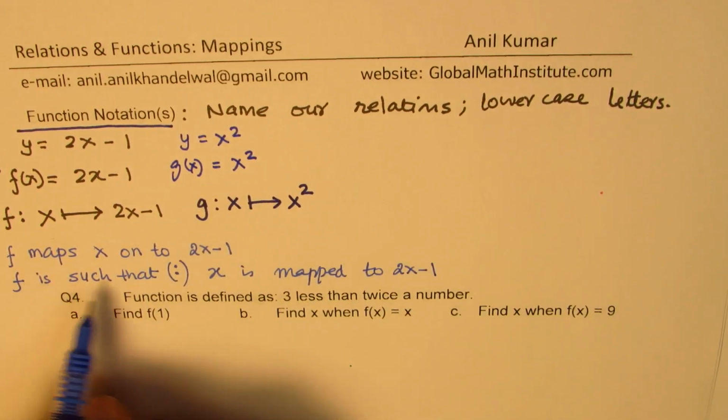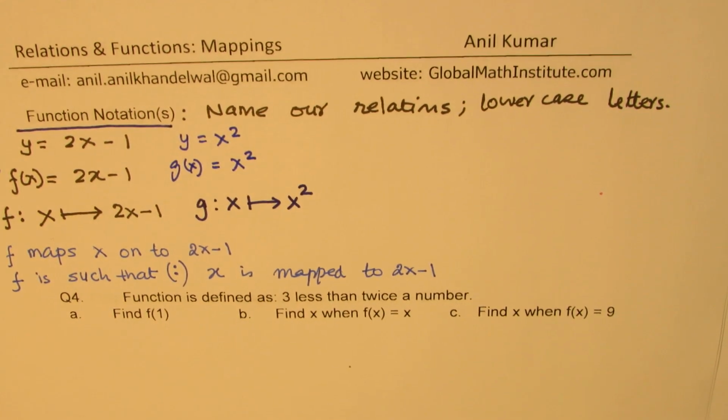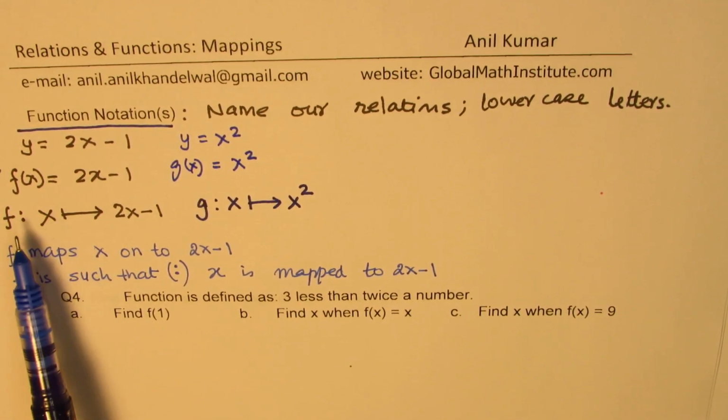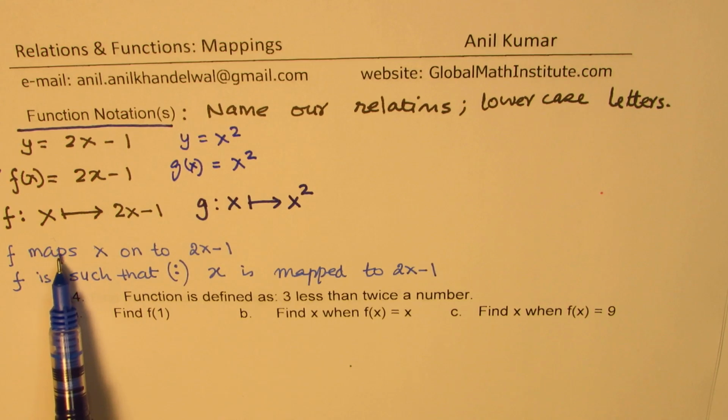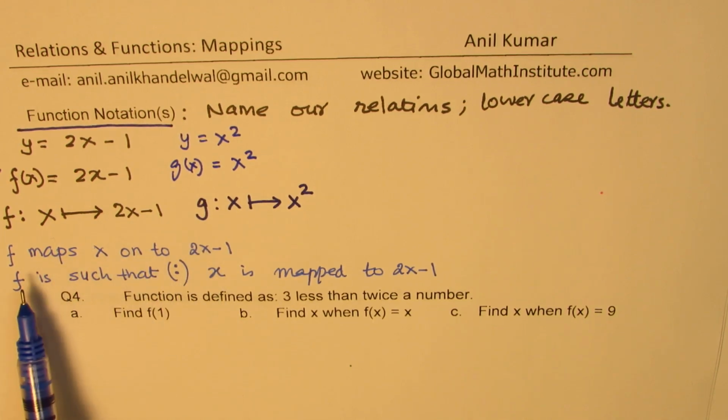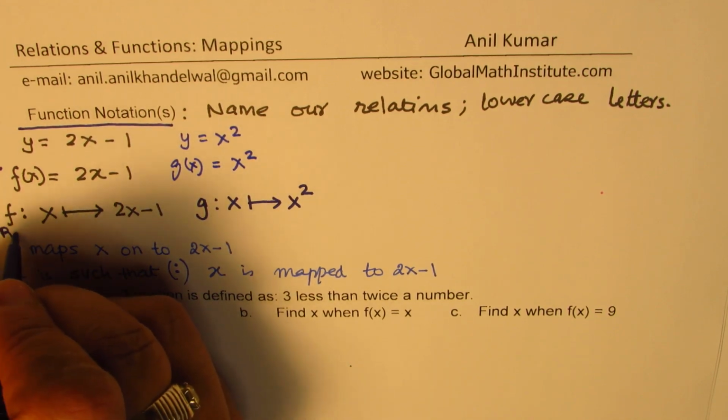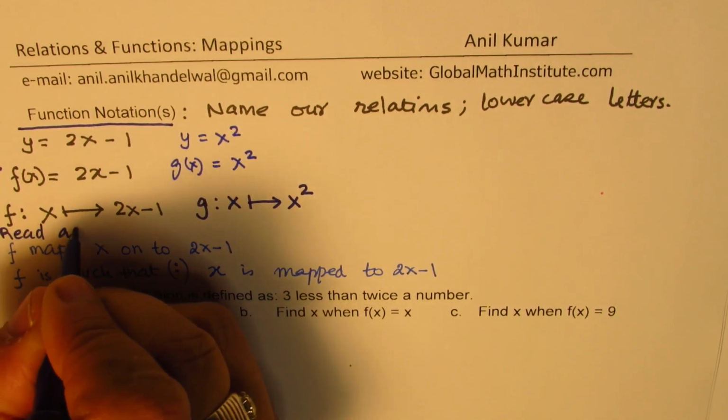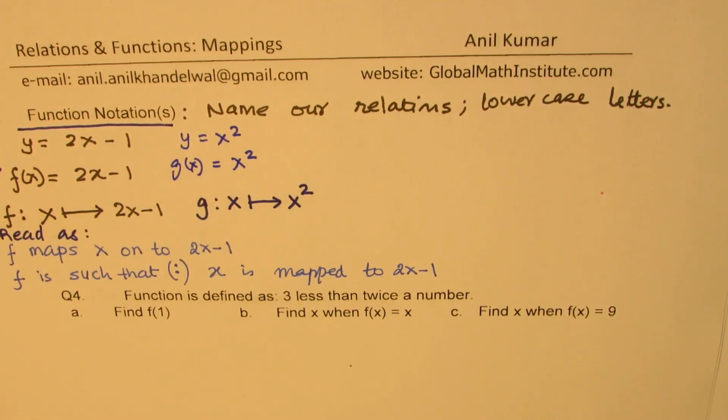So you could also describe it in this fashion. That is a short form of writing, a short form of reading, and of describing. Do you understand? So you could read all this as f maps x onto 2x minus 1. Is that clear to you?